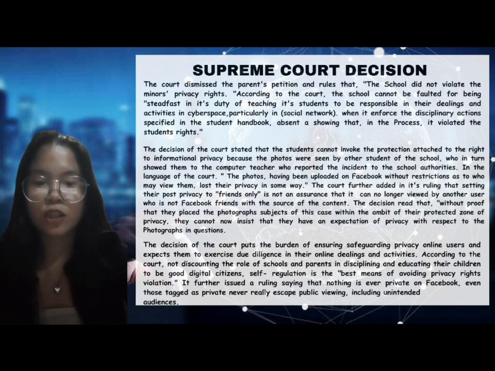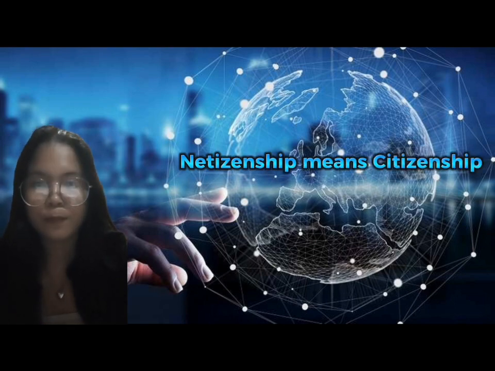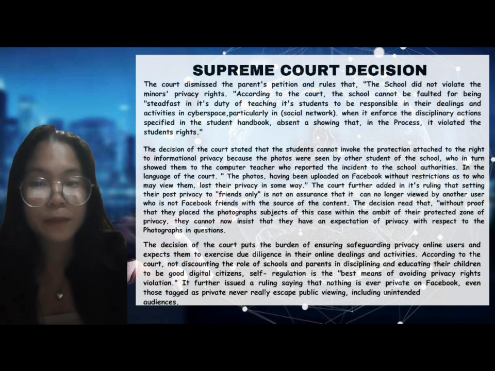The Medical Dictionary refers to it as an Internet citizen who uses network resources, which connotes civic responsibility and participation. Thus, netizenship means citizenship in the internet or in the virtual world.